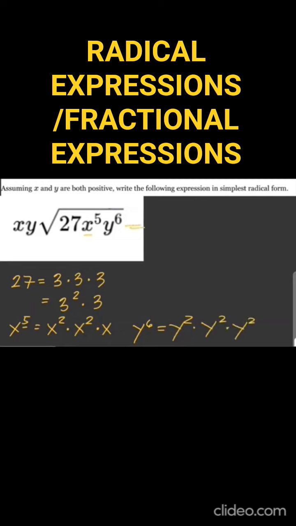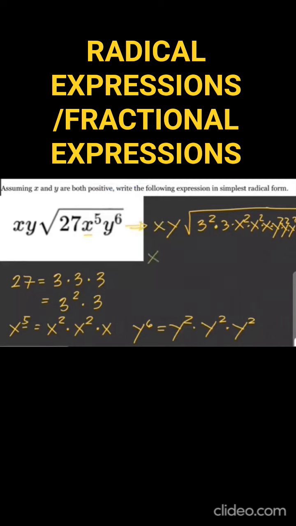And we can write this expression here as xy square root of 3 squared times 3 times x squared times x squared times x times y squared times y squared times y squared. So no more space. Alright, and then we get the square root of those numbers and variables that are raised to the power of 2.